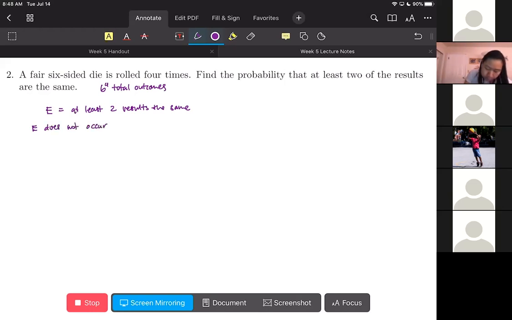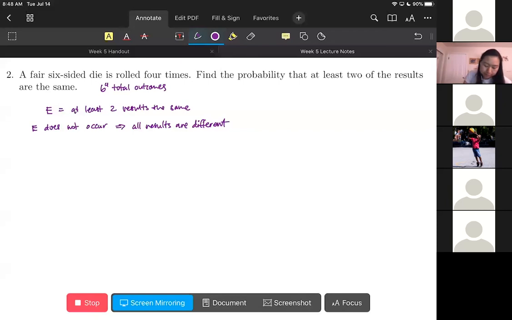What does that mean? That at most 4 results are different. It means that all results have to be different, right? Or are you saying something else? Does this make sense to everyone? Yes.